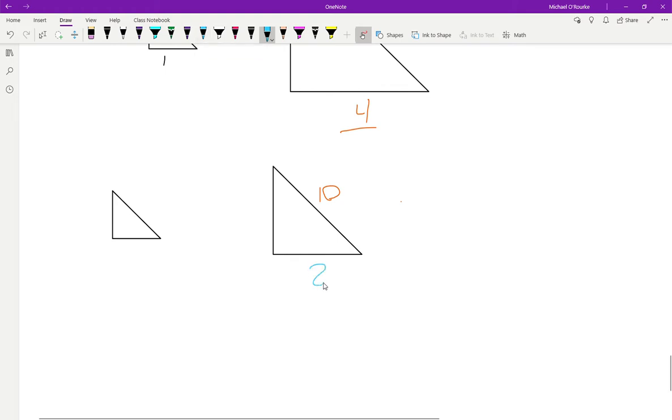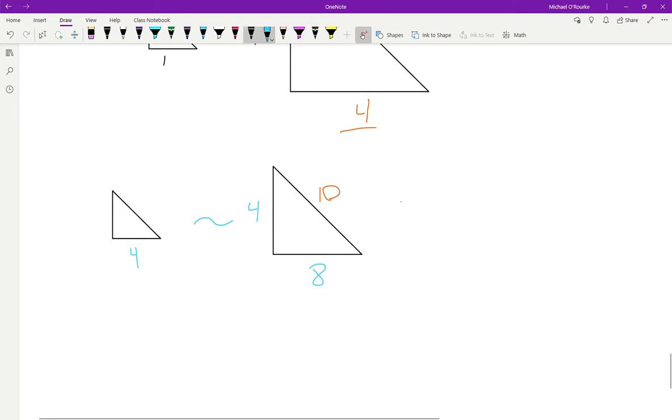Let's go 8. And let's go 4. Okay? Now, can you guys fill in, if I told you this one was 4 and that this triangle was similar to that triangle?